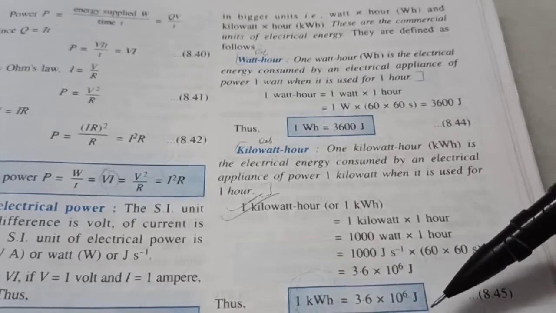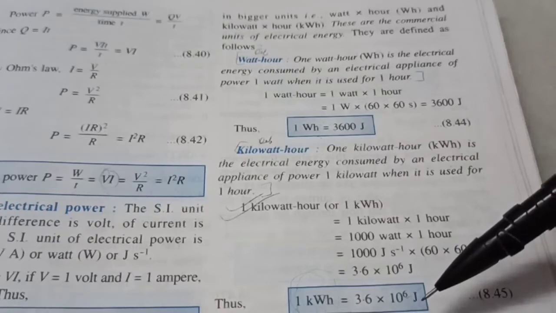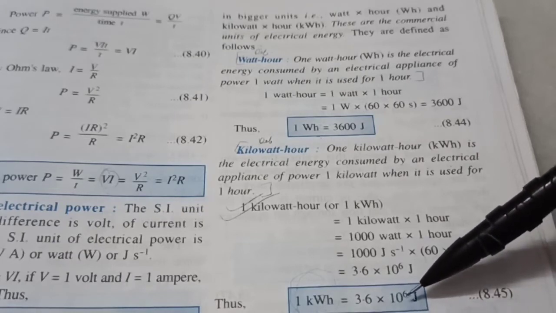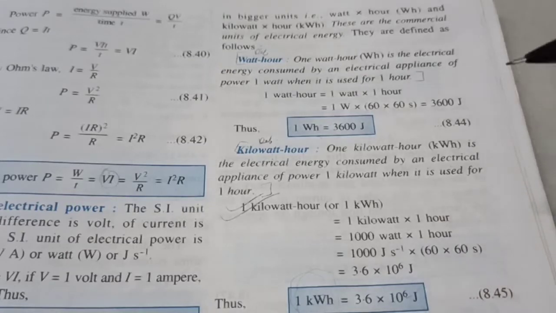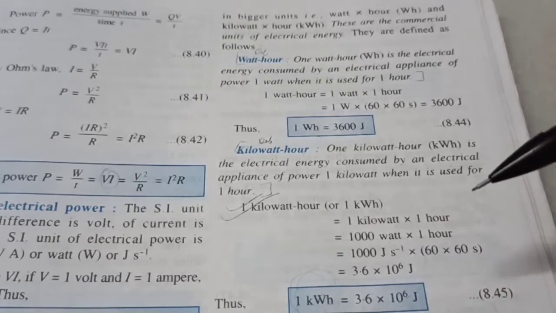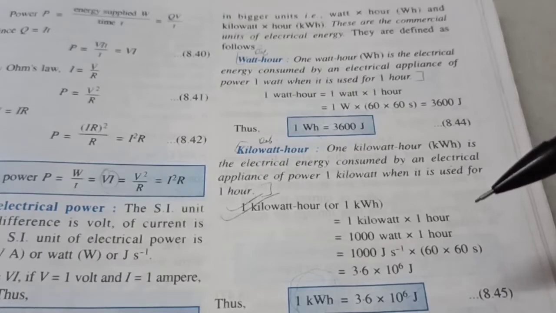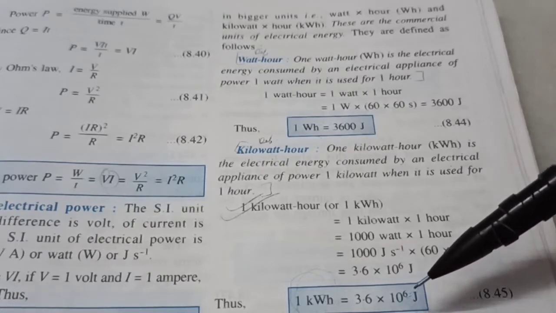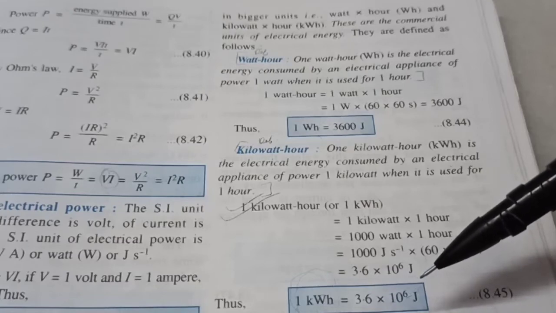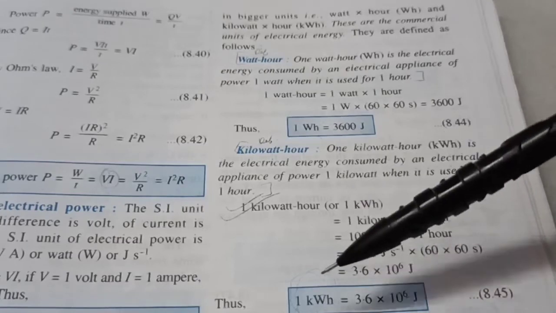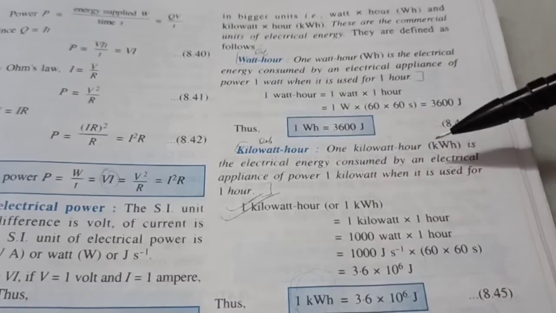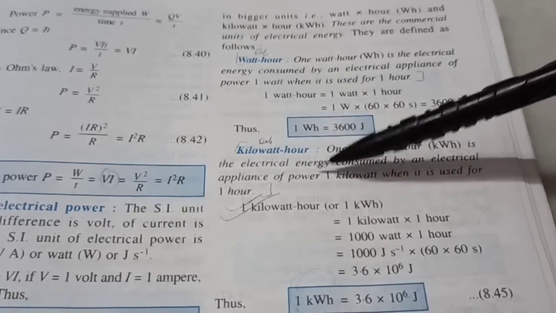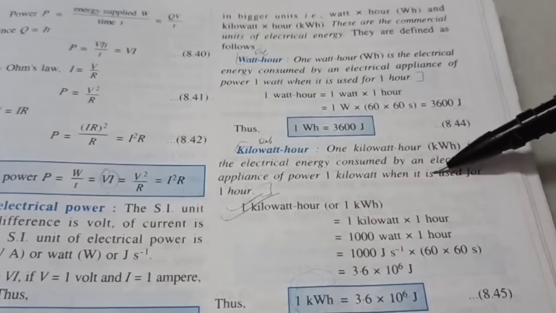So now you know why we don't measure the electrical energy in your bill in joule, because then we'll have to deal with millions of joule mentioned in the bill, which might be a little strange and confusing for many people, and people might just start blaming you for consuming millions of joule of electrical energy by surfing the internet whole day. So that's why we use kilowatt hour. So it's defined as the electrical energy consumed by an electrical appliance of power 1 kilowatt for 1 hour.